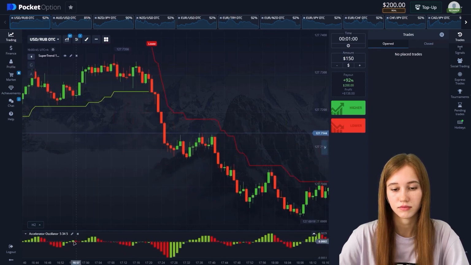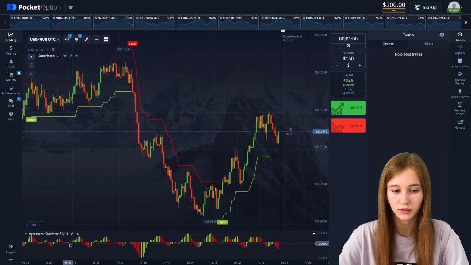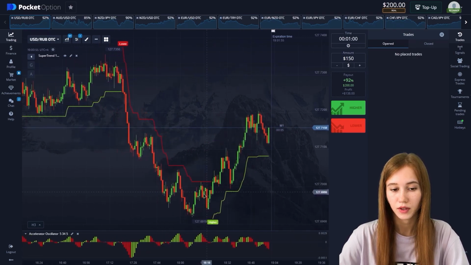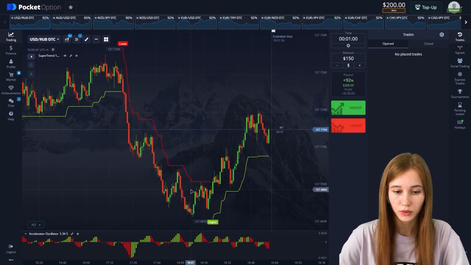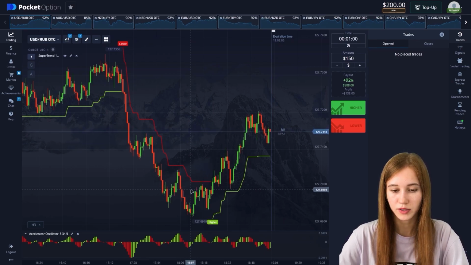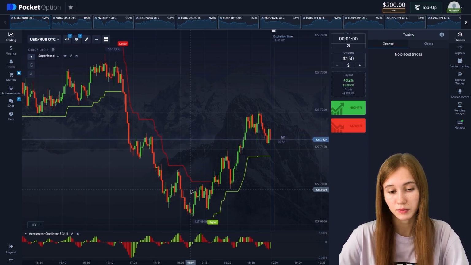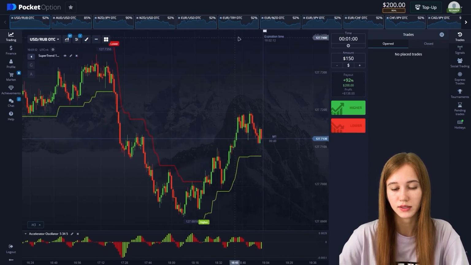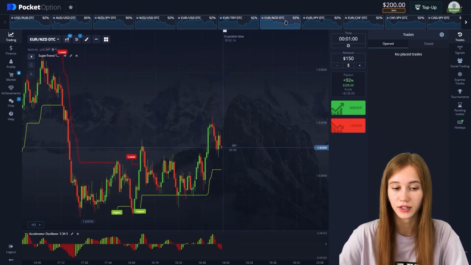That's like here, here. So 2 green bars and 2 red bars below the 0 line are a sell signal. I think I explained everything to you, and I suggest switching to the first concept pair and starting trading.